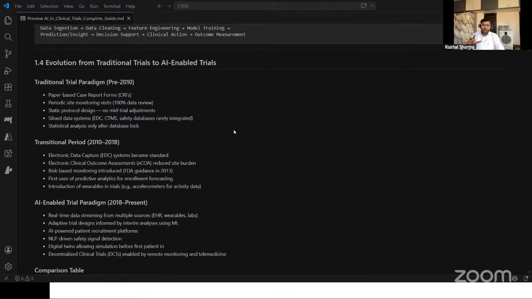Then the transition period from 2010 to 2018. Electronic data capture systems, EDCs, became standard. Electronic clinical outcome assessments, eCOA, reduced site burden.